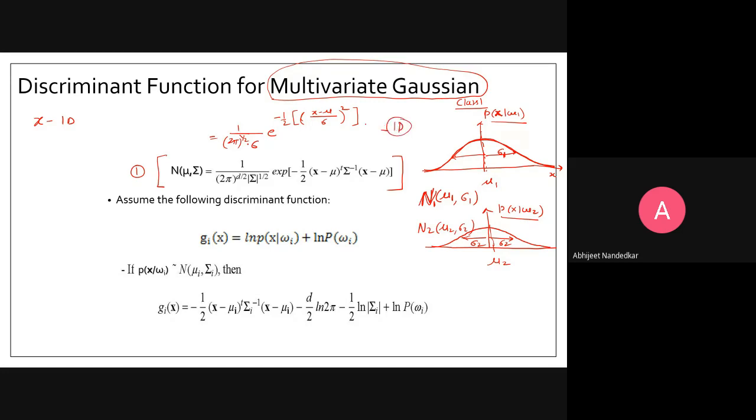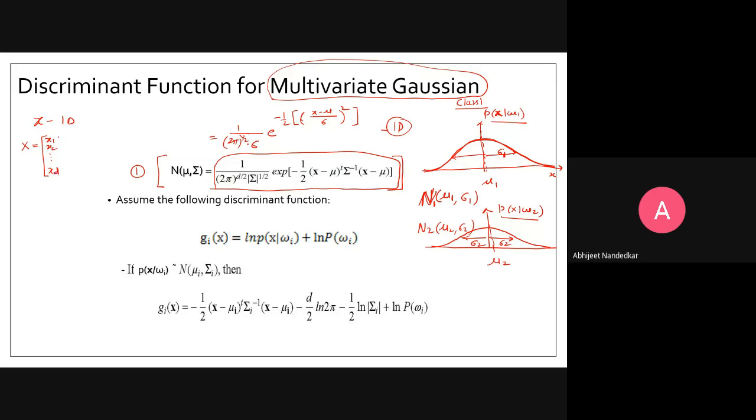Now when you extend that to 2 dimensions or 3 dimensions or many dimensions, then the generalized formula is this. Now here your input is capital X, that is you have now a vector. So X stands for x1, x2 up to xd. How many dimensions are there?